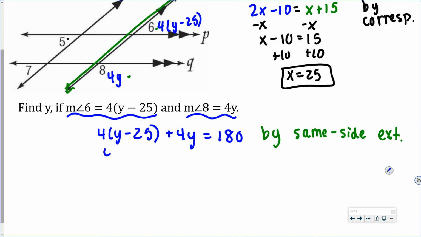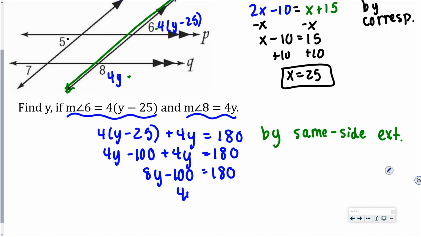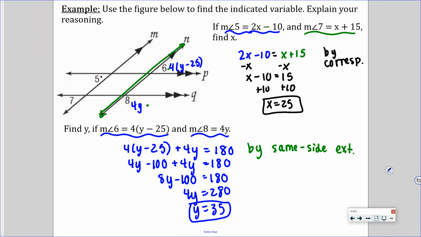All right, I'm going to go ahead and solve this quick. You get y to be 35, by plugging these back in.